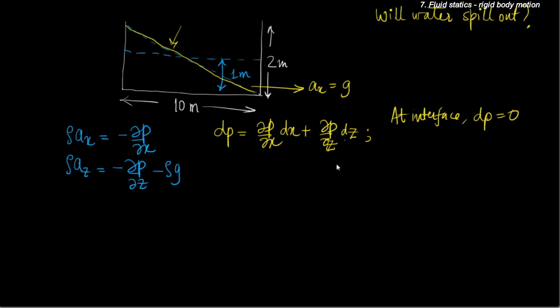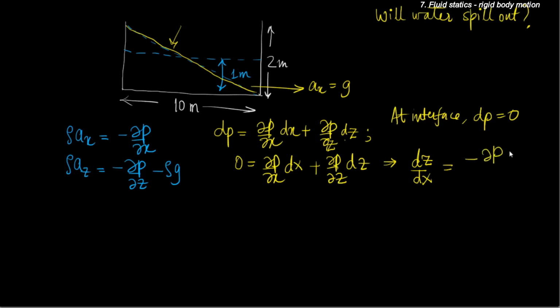There is no acceleration component in the y direction. So 0 equal to del p del x dx plus del p del z dz, and this implies that for the interface dz dx will be equal to minus del p del x upon del p del z.